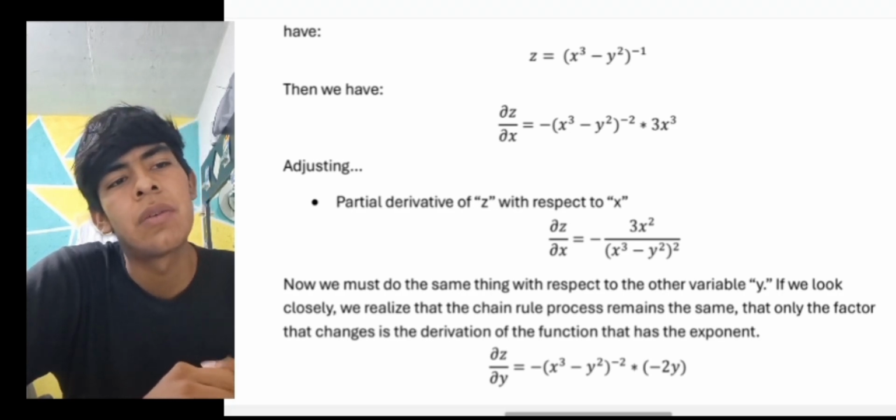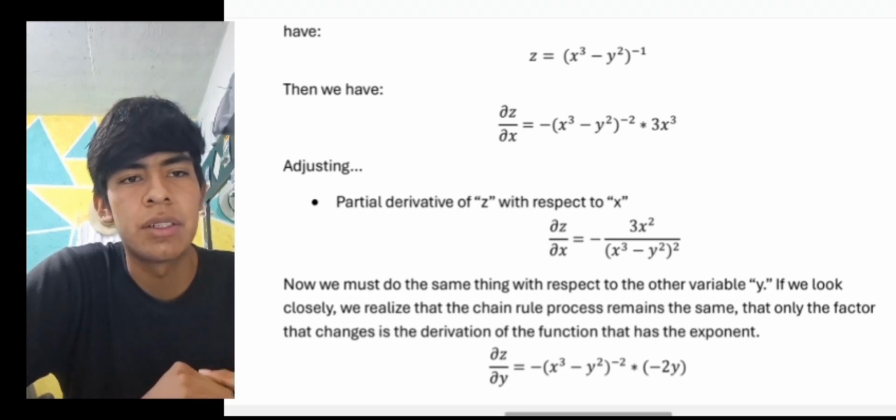Now we must do the same thing with respect to the other variable y.